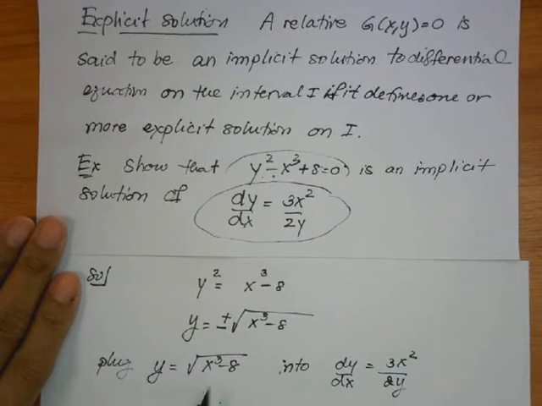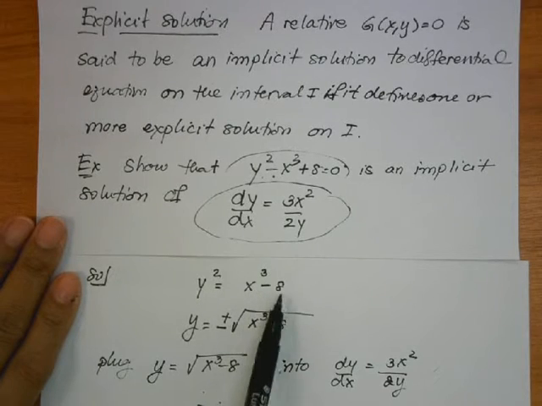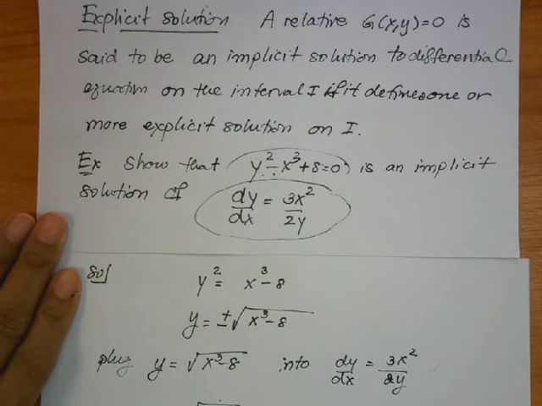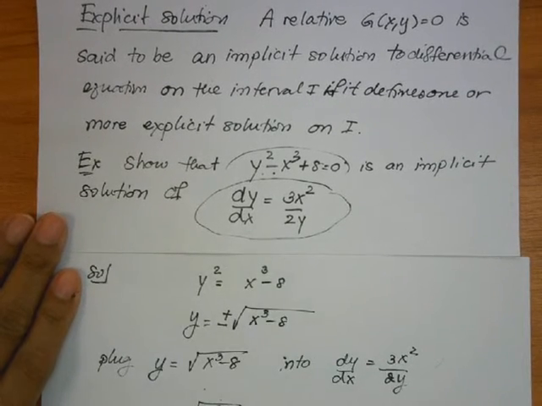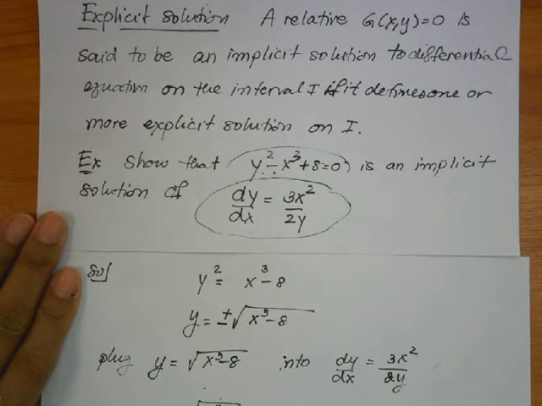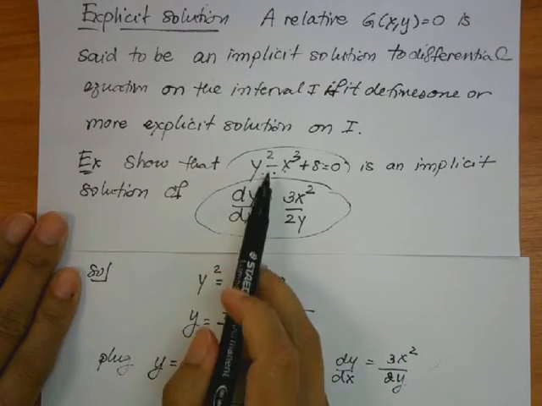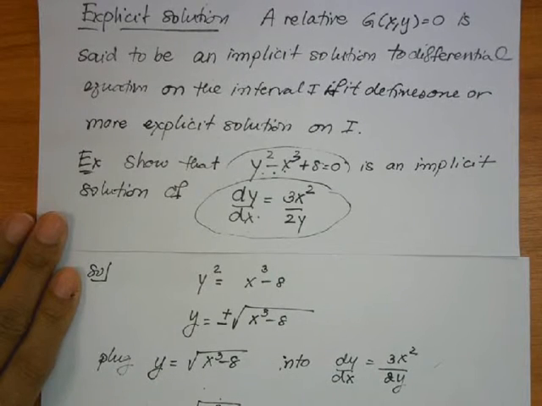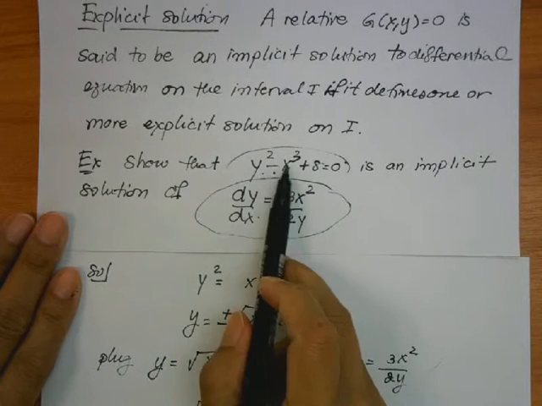If both of them satisfy this equation, that means y squared equal to x to the power 3 minus 8 is the answer of this differential equation, but it is implicit because you've got two answers. Okay. So to show whether it is the solution, you've got to plug this one in there.